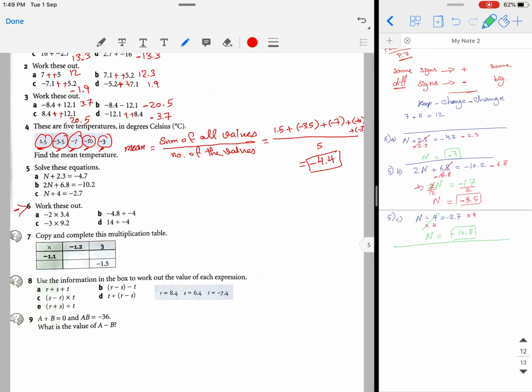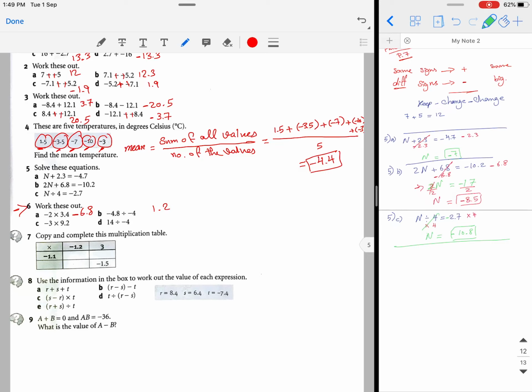So here, one negative and one positive, that means the result is negative. And 2 multiplied 3.4, it's 6.8.